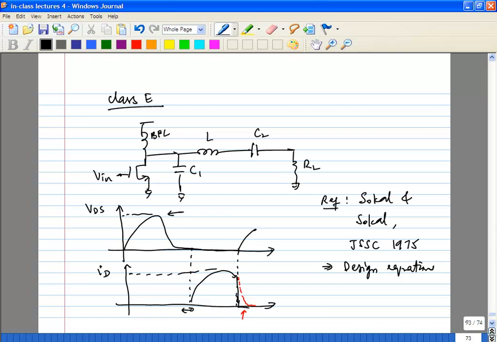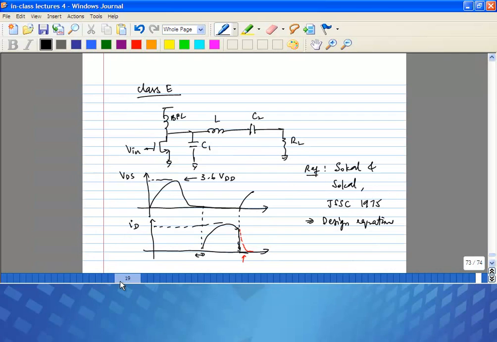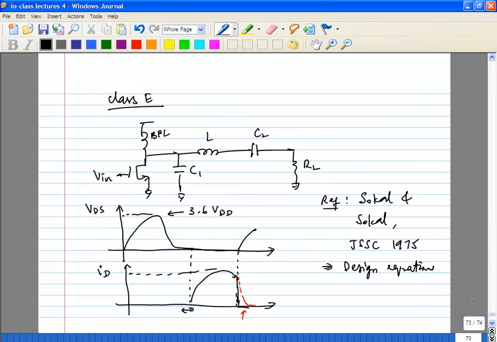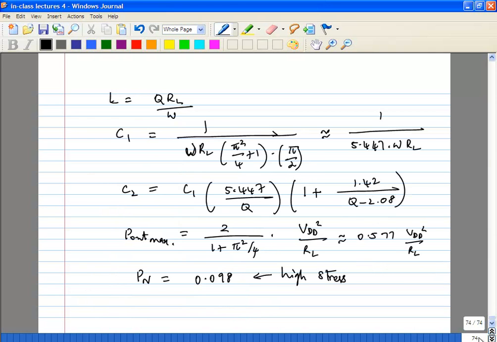It turns out this is almost 3.6 times VDD, and the peak of the current is almost 1.7 VDD over RL. That itself should tell us that it's a very high stress situation for the amplifier. Next we'll look at the class F amplifier.